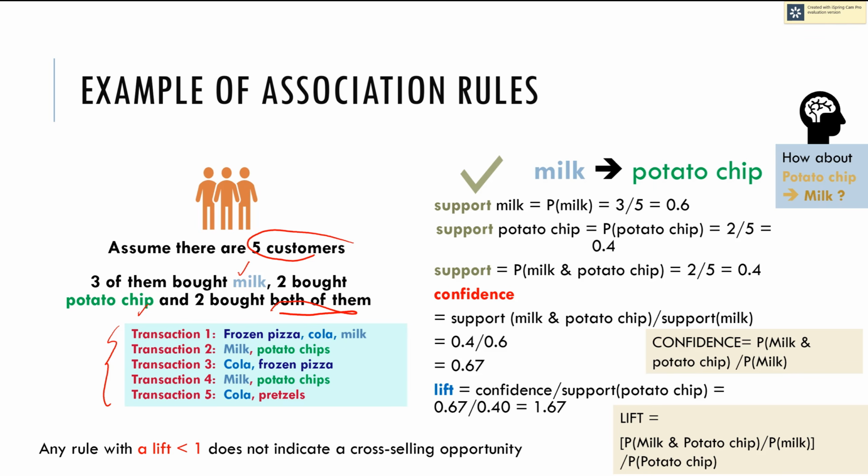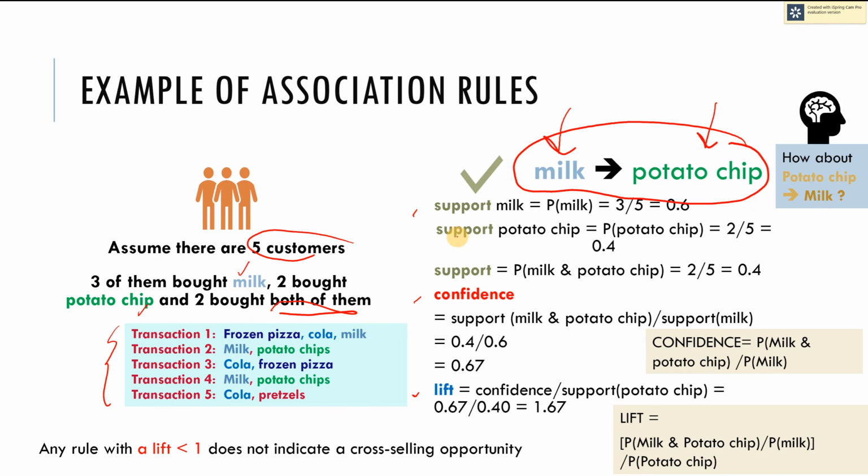The third customer bought cola and frozen pizza, and so on. We would like to see the support, the confidence, and the lift of people who bought milk and potato chips together. Meaning, if they bought milk, how confident are we that they will buy potato chips, and what is the frequency that they will buy milk and potato chips together?